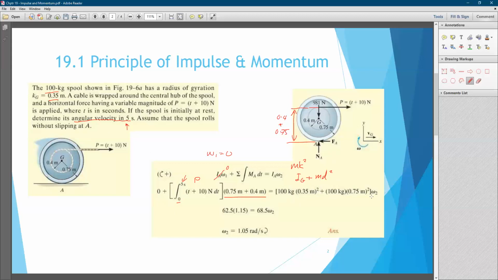And the angular velocity at 5 seconds is what we want to calculate. Therefore, solve the maths. Finally, you will get the angular velocity after 5 seconds, which is 1.05 radian per second, and it is clockwise. Okay, thank you.